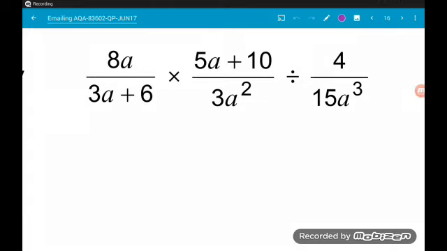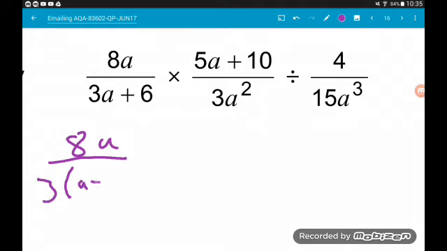Okay, question 13. We want to simplify this bad boy. So before we even consider doing the multiplications and divisions, we want to factorise anything that we can. So 8a, we can't do anything with that. 3a plus 6 though, we can write that as 3 lots of a plus 2, like that.